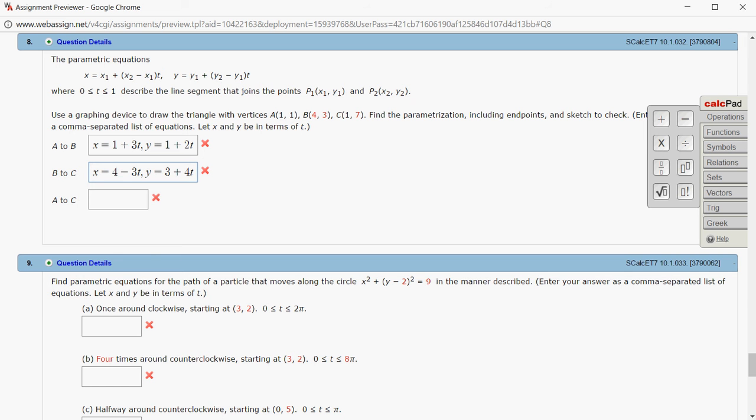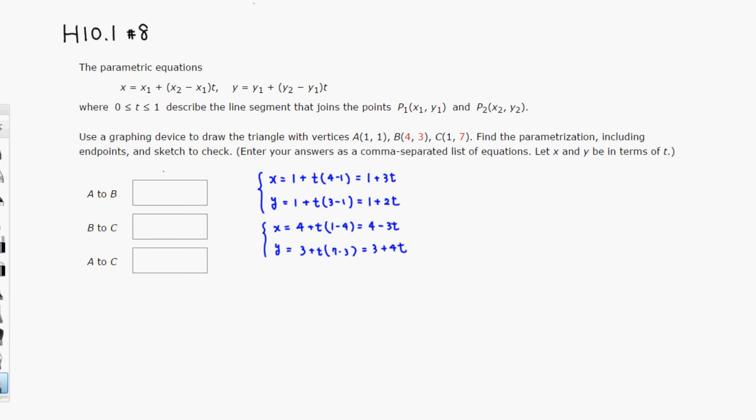And the last one. We are going from A to C. So x is going to be equal to, start from 1 and t times 1 minus 1. It's actually just going to be 1.